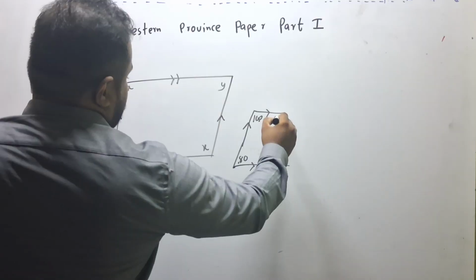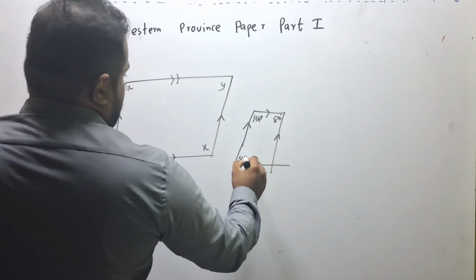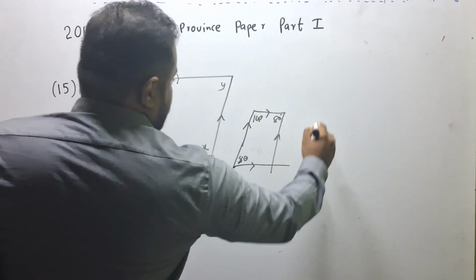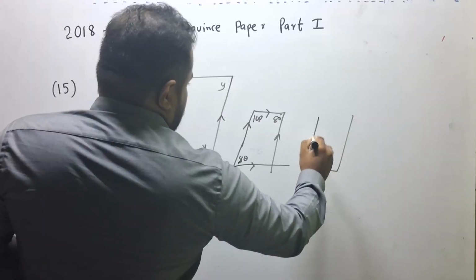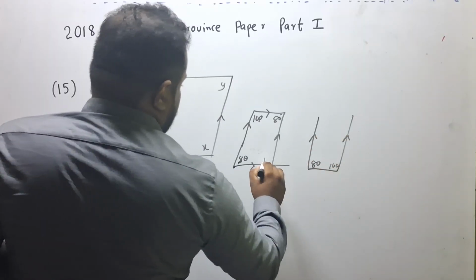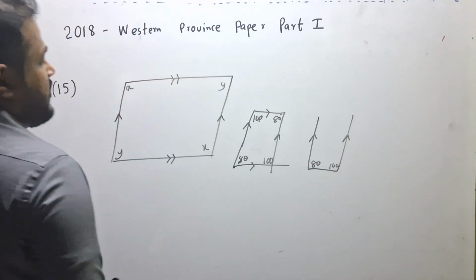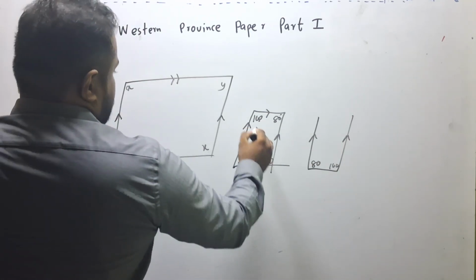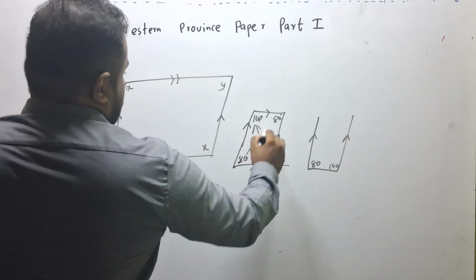So 80 and 80. Opposite angles are equal. And when we consider the C shape to the upper side, if they are parallel and this is 80, this is 100. So you can put this as 100. So can you see? Opposite angles are equal.